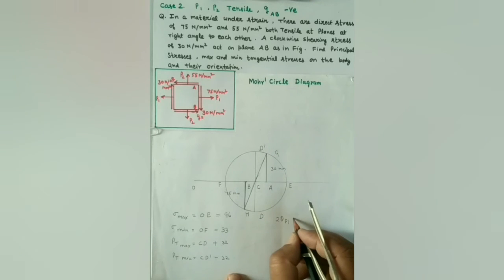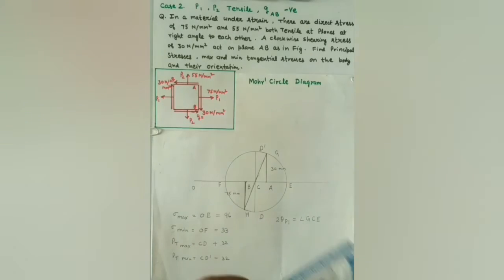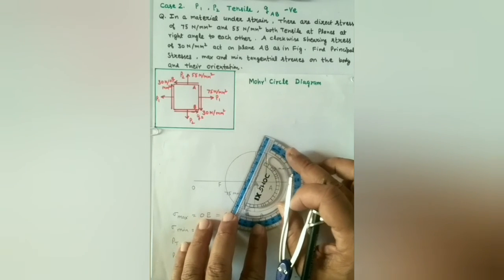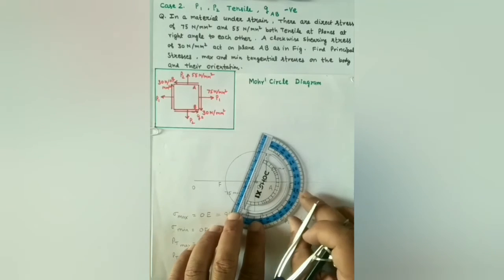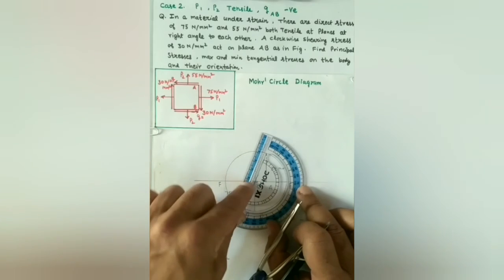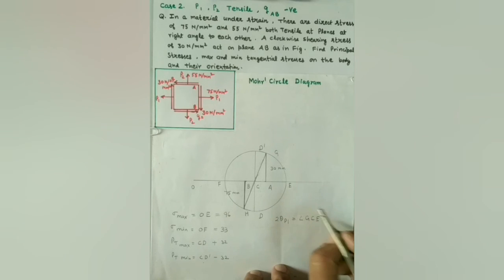The orientation of the measured principal plane, 2 theta P1, will be angle GCE. So let us measure GCE. It is being measured in the clockwise direction, so it will be a negative angle, and it comes to 70 degrees.